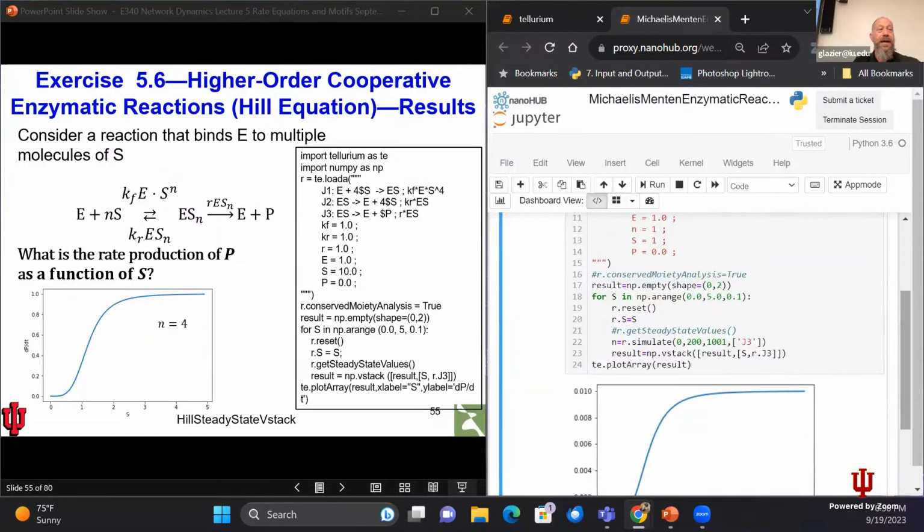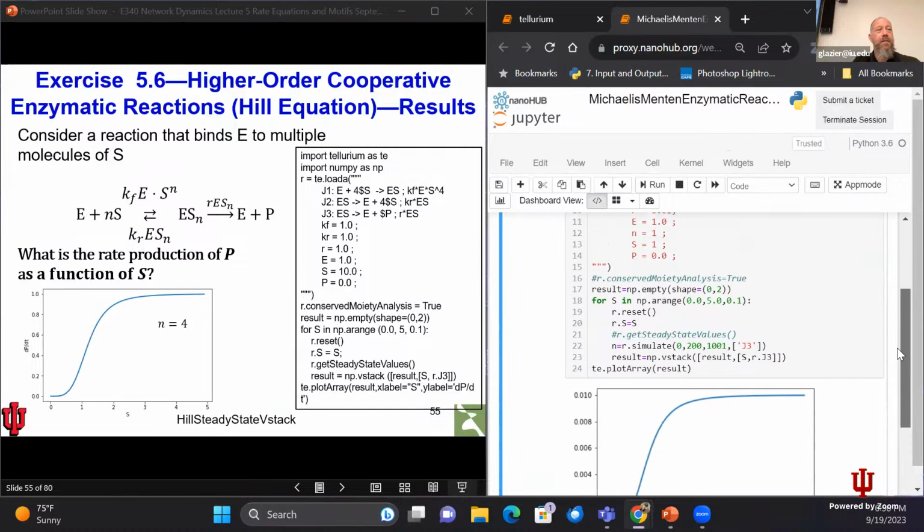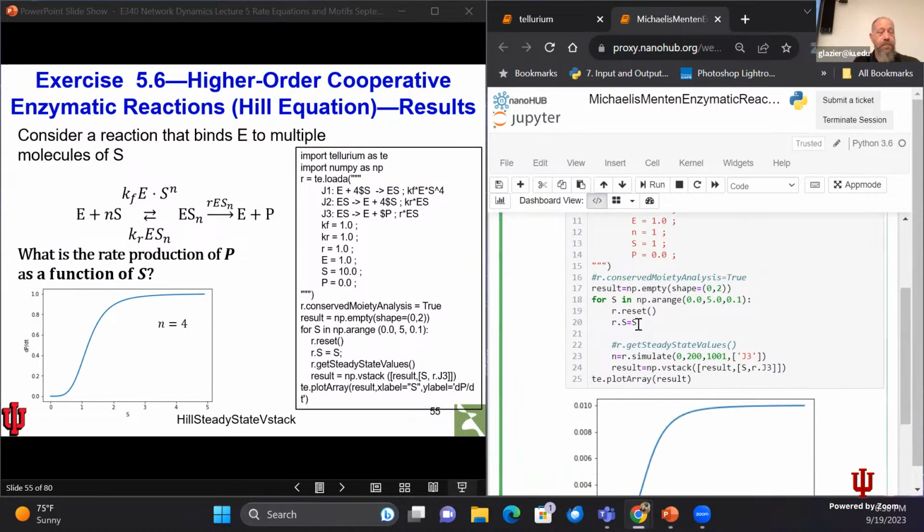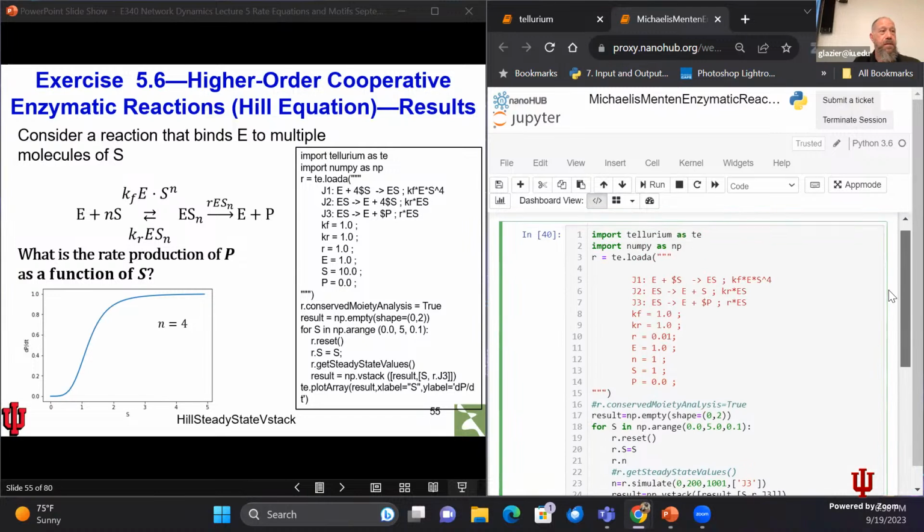Now I can scan, if I want, the value of n. I'm not going to do that right now, but let me just do it by hand. Actually, I better be careful here.